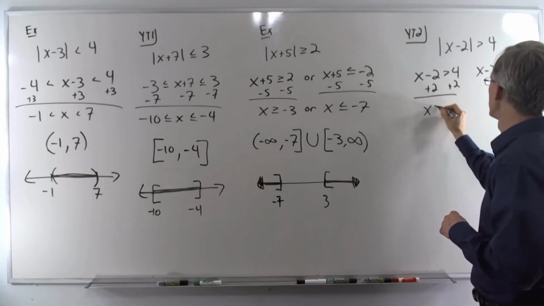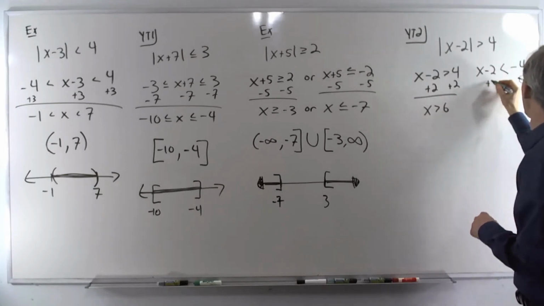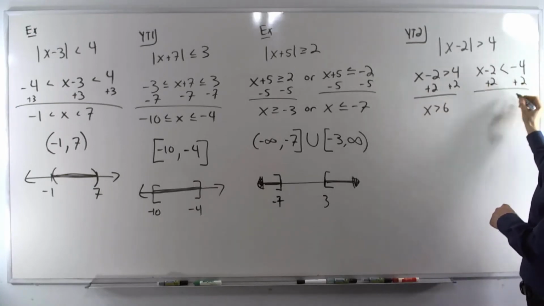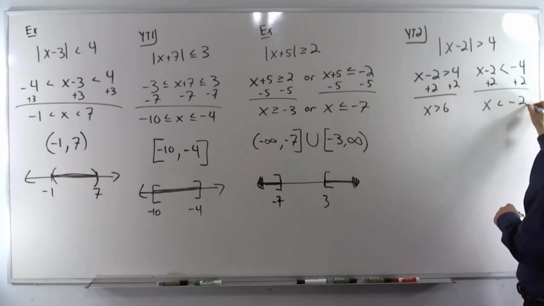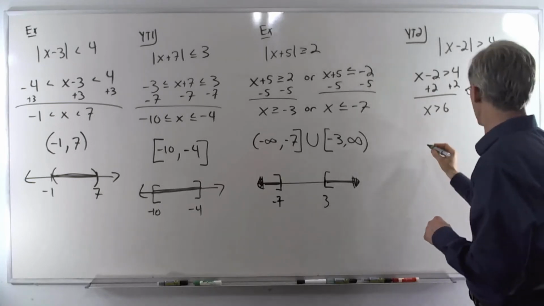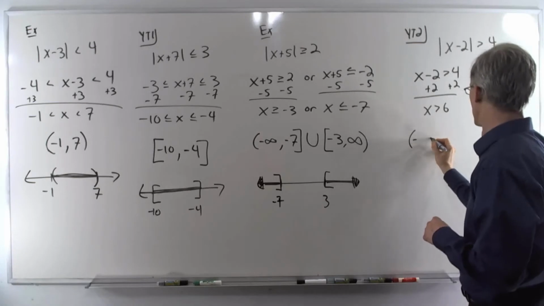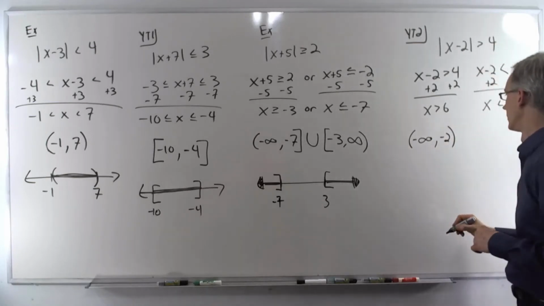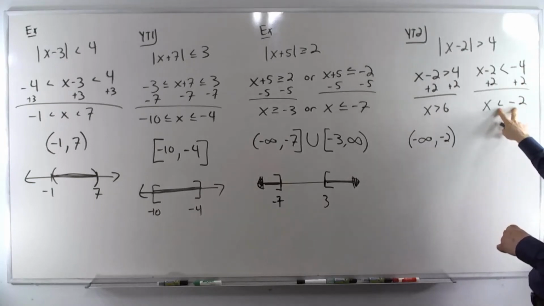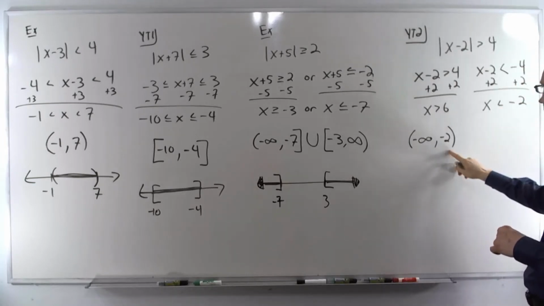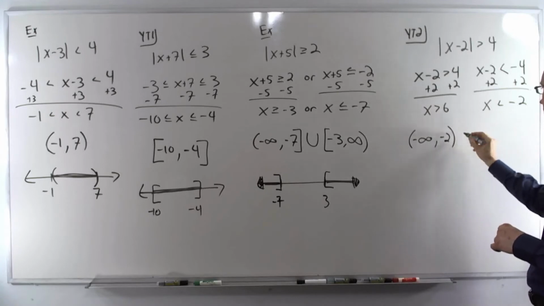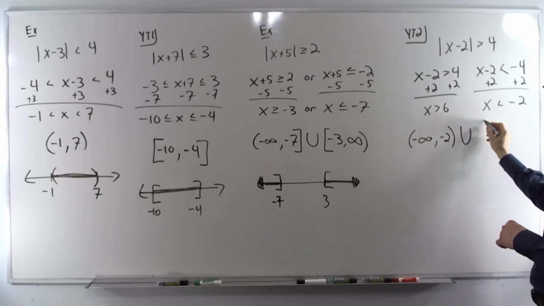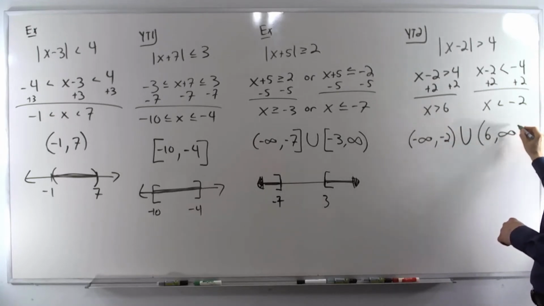So x is greater than 6, and over here, x is less than negative 2. All right, so for this part, less than negative 2, it's strictly less than, so use the parenthesis. And over here, greater than 6, 6 to infinity.